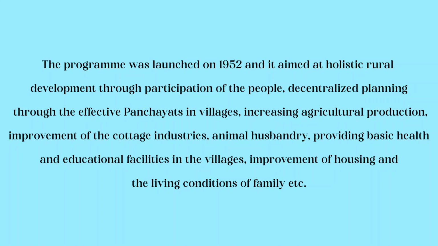The program was launched in 1952 and it aimed at holistic rural development through participation of the people, decentralized planning through the effective panchayat in villages, increasing agricultural production, improvement of the cottage industries, animal husbandry, providing basic health and educational facilities in the villages, improvement of housing and the living conditions of family, etc.